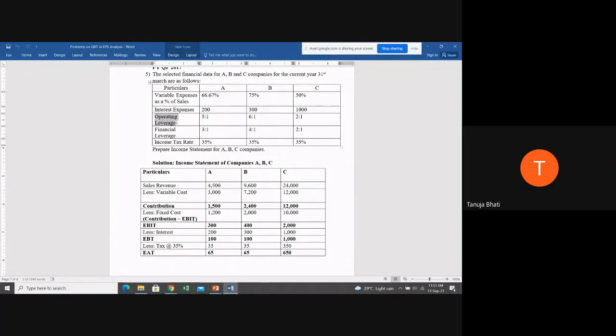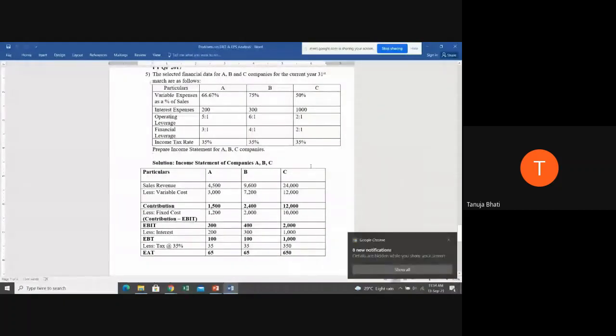With the help of these two formulas, you will find out the missing figures, and then you just have to plot them in the main answer. How I solved it for A, on the same lines you have to solve it for B and C. There is absolutely no change in it.